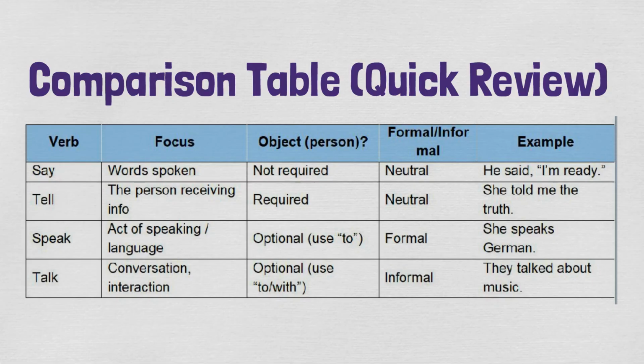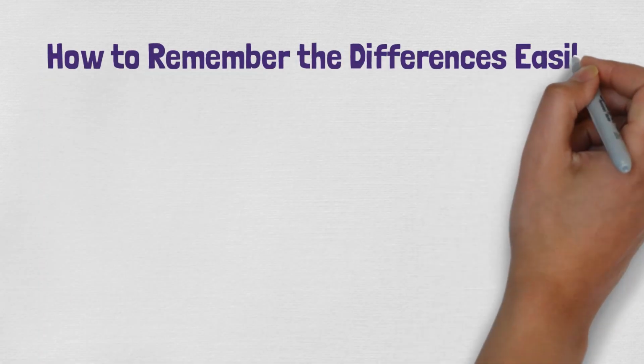She told me the truth. Speak: active speaking, language, optional, use to, formal. She speaks German. Talk: conversation, interaction, optional, use to or with, informal. They talked about music.